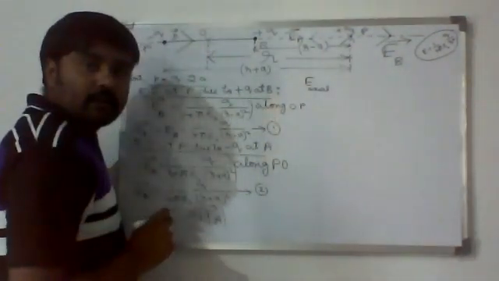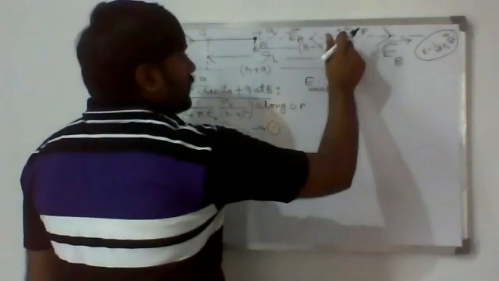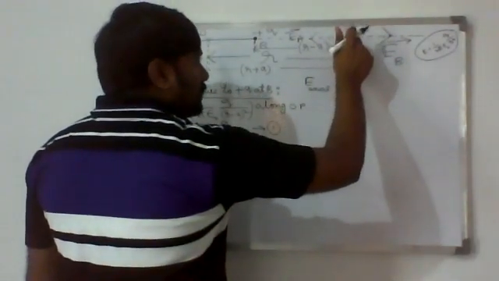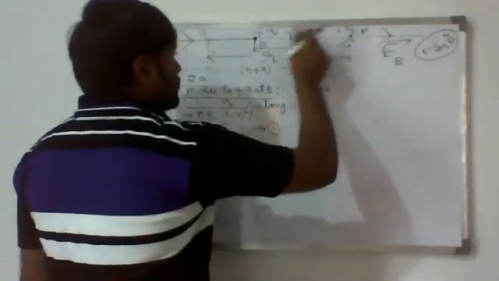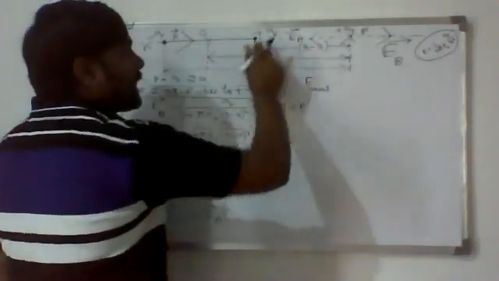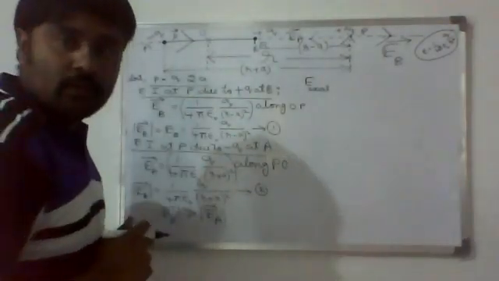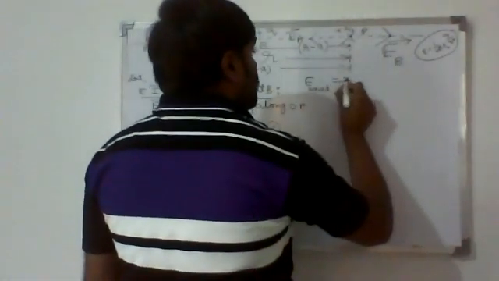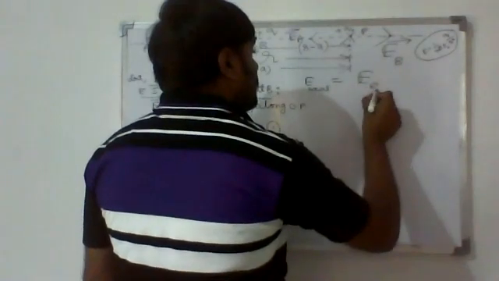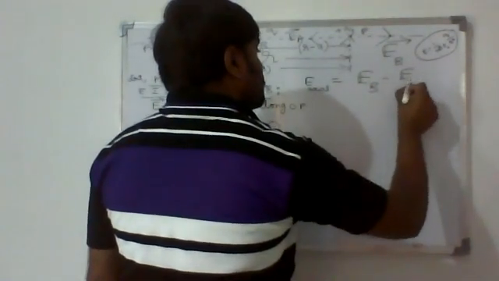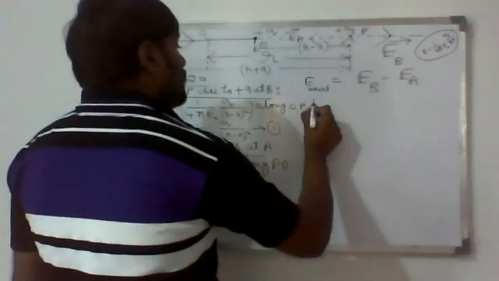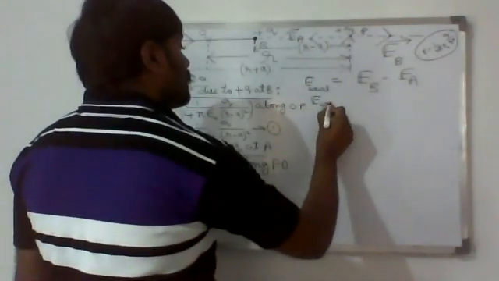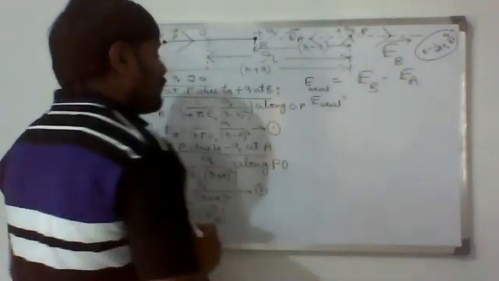This is the electric intensity at point P, a point on the axial line, due to an electric dipole. That is equal to E_B minus E_A.